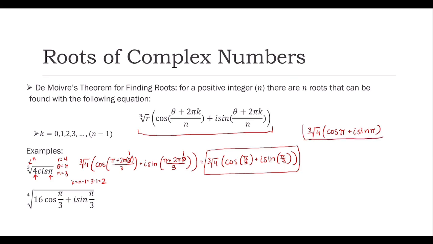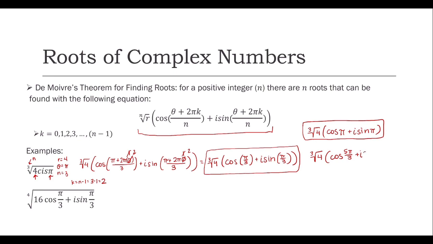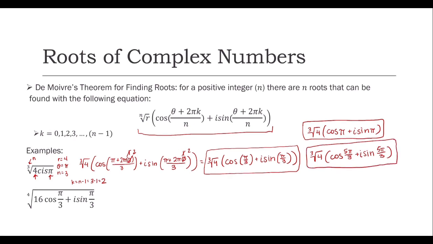There's our second one. And for our third one, we're going to plug in 2. So it's going to be pi plus 4 pi, so we'll have 5 pi over 3. So we have the cubed root of 4 times cosine 5 pi over 3 plus i sine of 5 pi over 3. So there are your 3 roots for your first example.